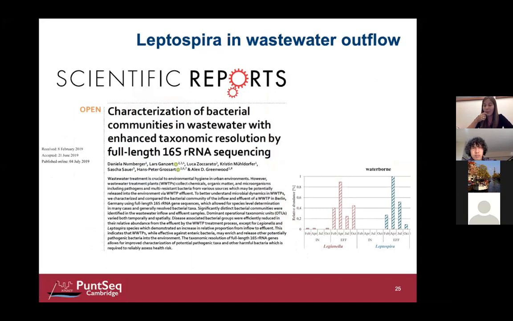And they found that both Legionella and Leptospira were enriched at the outflow rather than depleted, which is what should be the case at the outflow of the wastewater plant, which was really interesting. And obviously, we find something very similar here: at the outflow of a wastewater treatment plant we find this huge signal of Leptospira, as we don't find it anywhere else in the river, except for its direct downstream location.